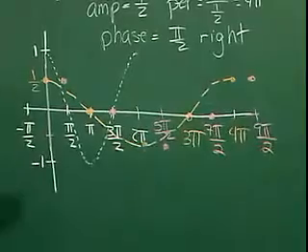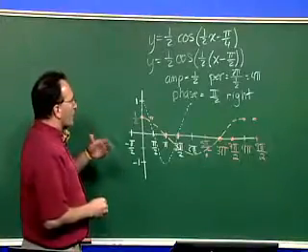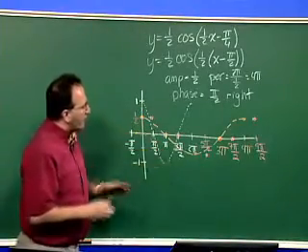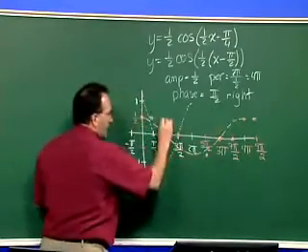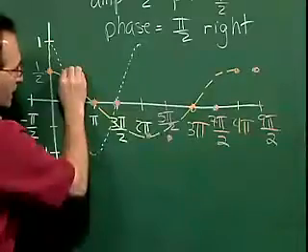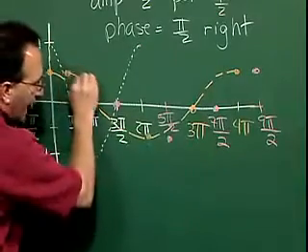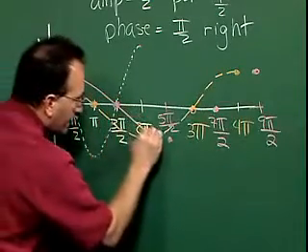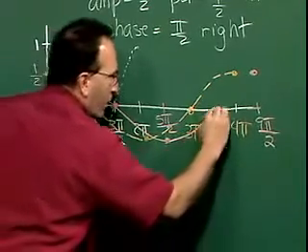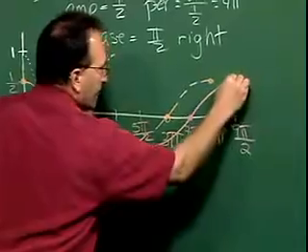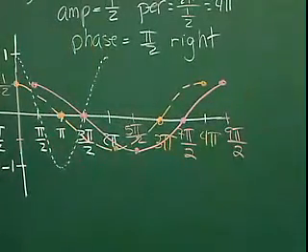Just for the purposes of what we're drawing here, we want one full period. And that is, in fact, one full period. So it would start here, and it would come down through the intercept. It would hit its minimum point here, go up through the intercept, and hit the maximum point there.